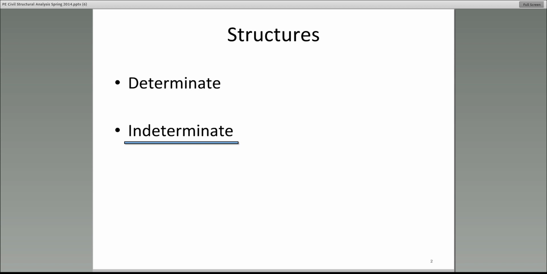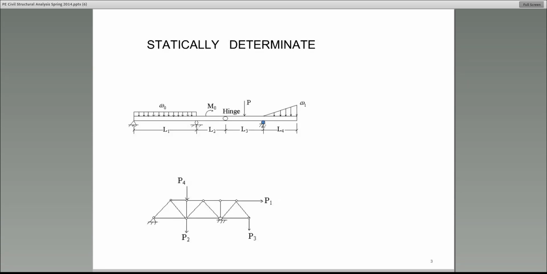Okay, so let's continue. How do we tell whether a structure is determinate or indeterminate? Here we have examples of determinate structures. Let's start with the top one.